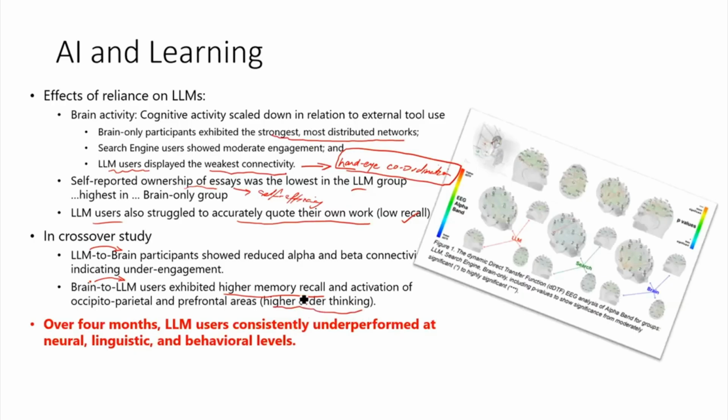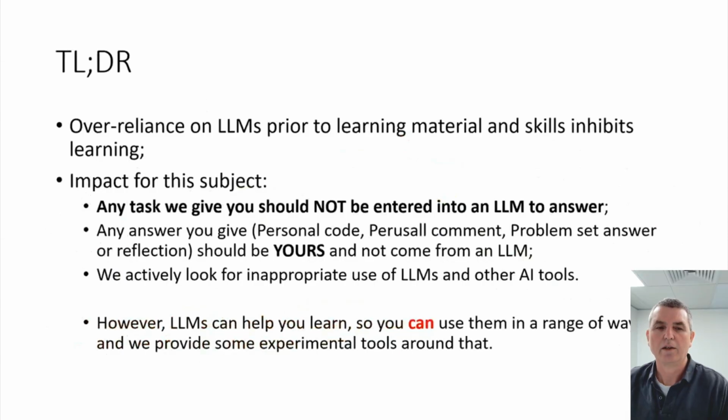So it's not about using or not using LLMs. It's about using them in the right order. But those who rely on LLMs to do the task consistently underperform neurally, linguistically, behaviorally. So it inhibits learning when used incorrectly.